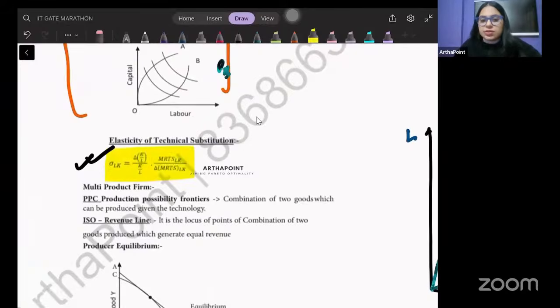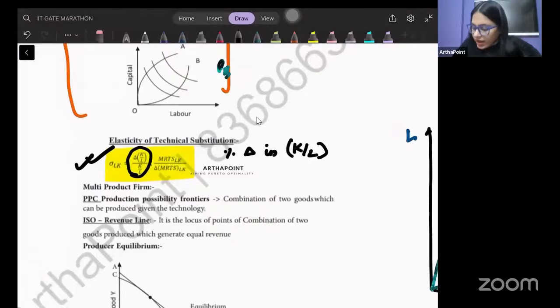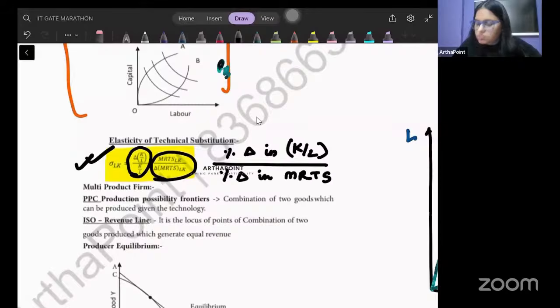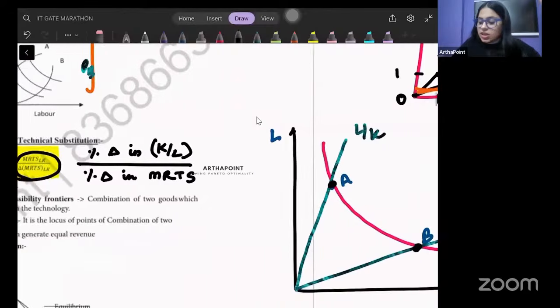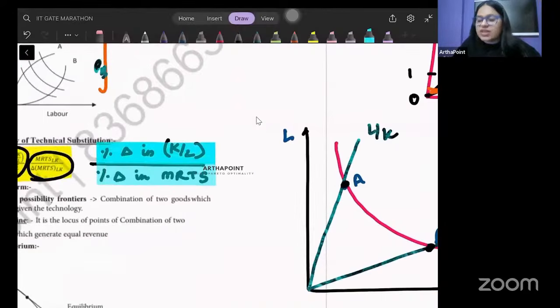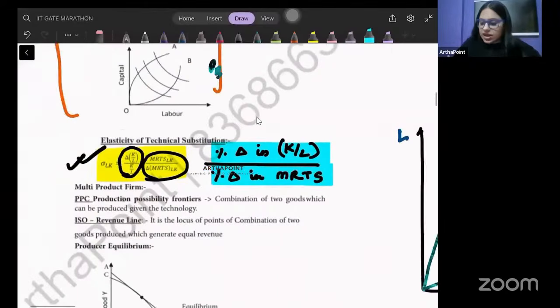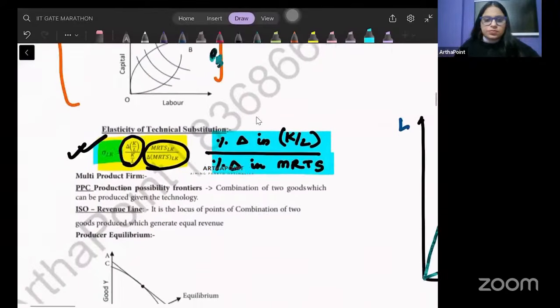This is how it is written. तो ध्यान से देखो बेटा, this part is telling me percentage change in capital labor ratio, and this part is telling me percentage change in MRTS. So when I am moving from one point to another, capital labor ratio is changing, the slope of the isoquant is changing. इन दोनों में एक की वजह से दूसरे में कितना चेंज आ रहा है, that is what elasticity of technical substitution tells you.